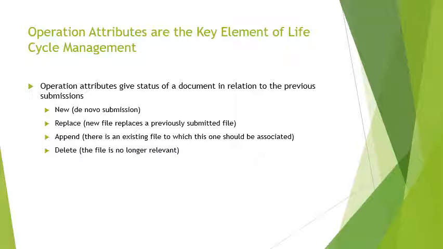It can be replaced with a new file, or it can be appended to an existing file, or the file can be deleted, which is no longer relevant to the ECTD. So all these four attributes represent the operation attributes, which are key elements of lifecycle management.